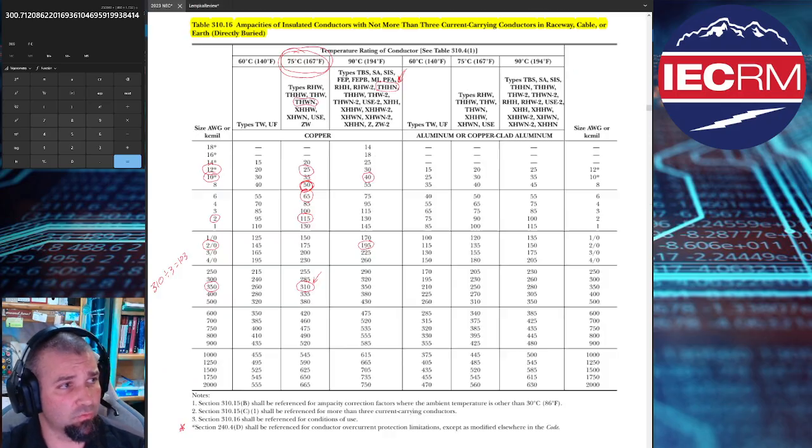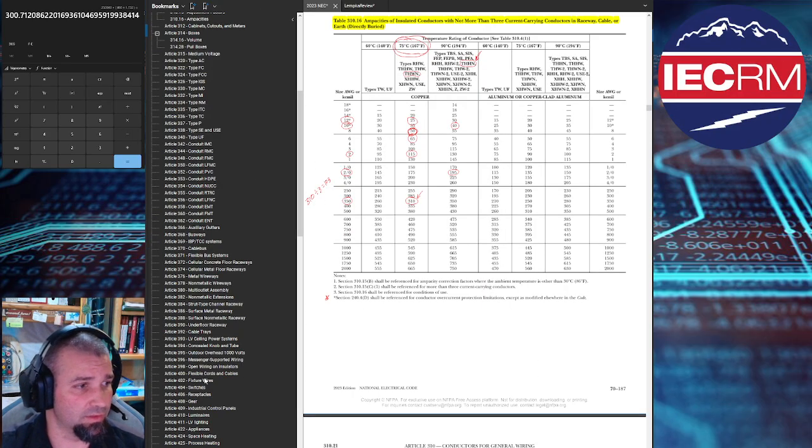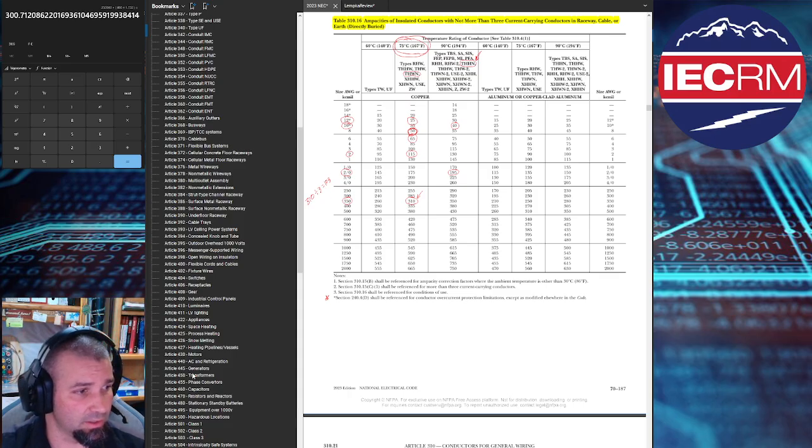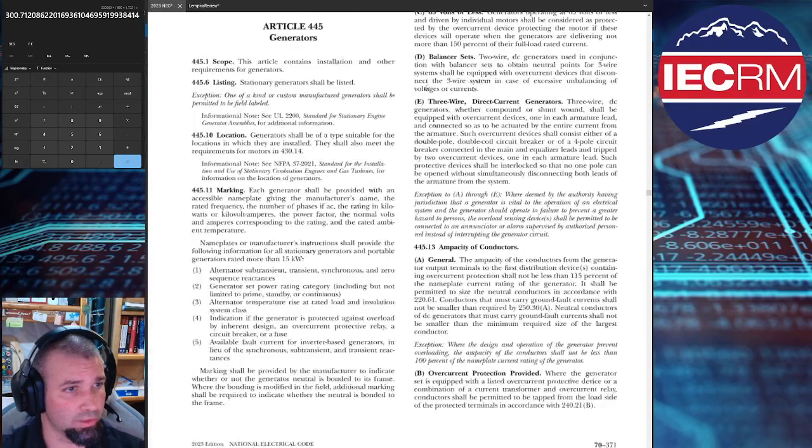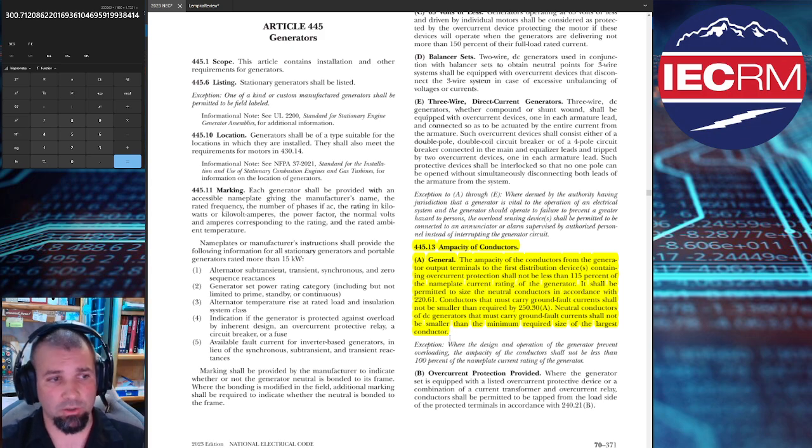So now we're going to check 445, and specifically inside of Article 445, we're going to be looking at the ampacity of conductors, because we do have a rule we need to apply here. 445.13(A) says the ampacity of conductors from the generator output terminals to the first distribution device containing overcurrent protection shall not be less than 115% of the nameplate current rating of the generator.